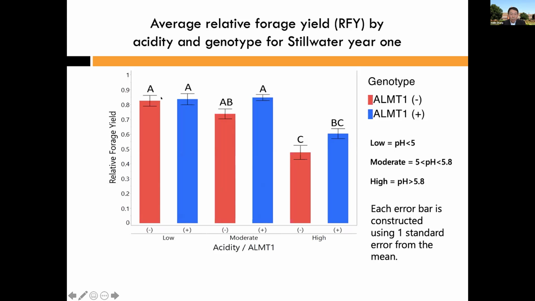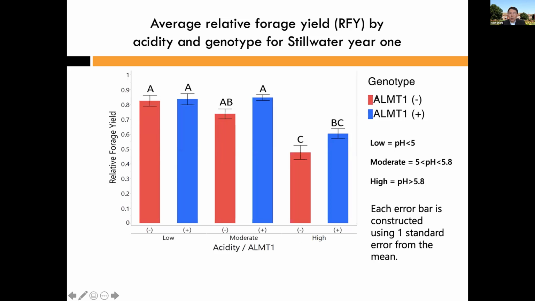As you can see here, the relative yield is much higher when the soil pH, let's see, did I get it wrong? This may be reversed, but I will double check. How could this be acidity moderate? Okay, so basically there are some differences here.